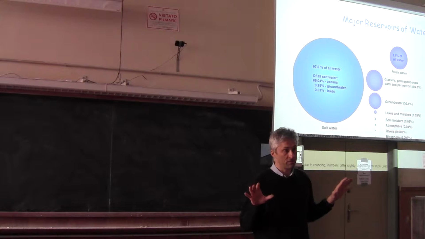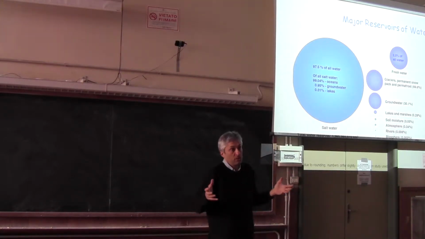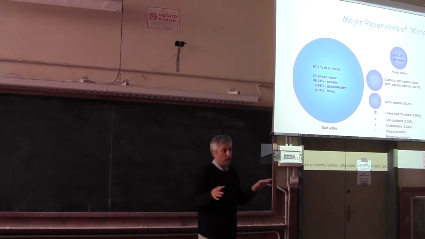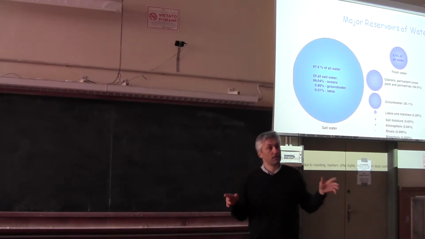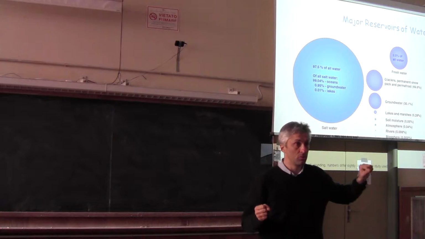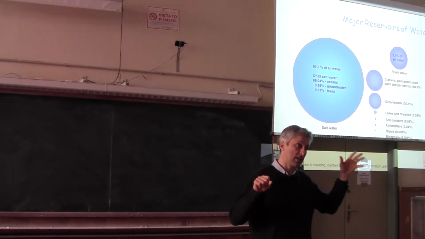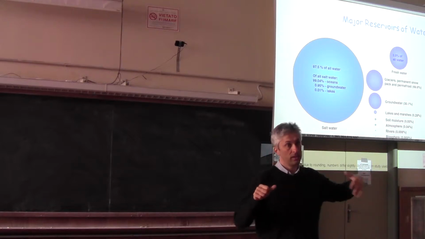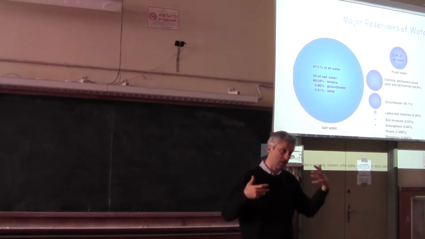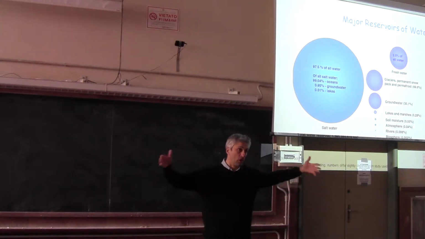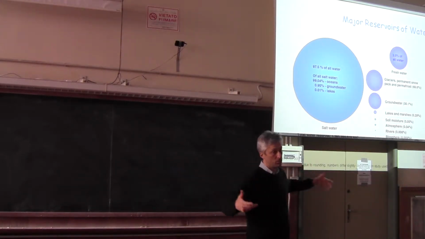It's an important difference because, for obvious reason, when you use a resource that is renewable, you are less concerned. It's like when you plan to use petrol rather than solar energy to produce energy. It's a big difference. Solar energy is something that is renewed. The petrol is not renewable, or let's say at least it's renewable in times that are so long that we consider it not renewable.